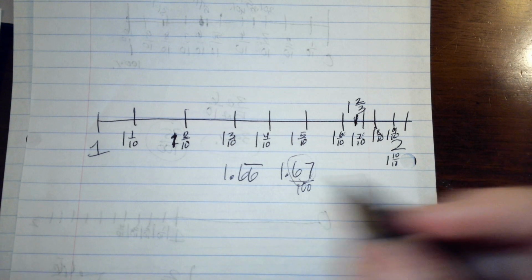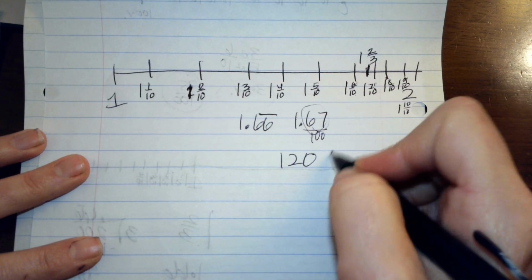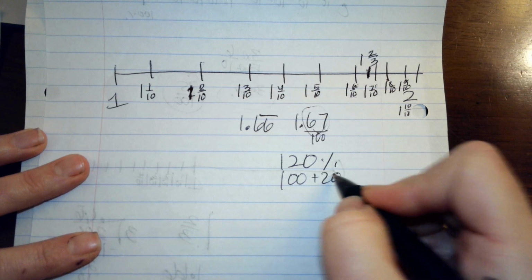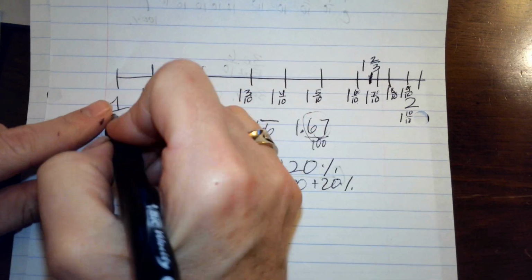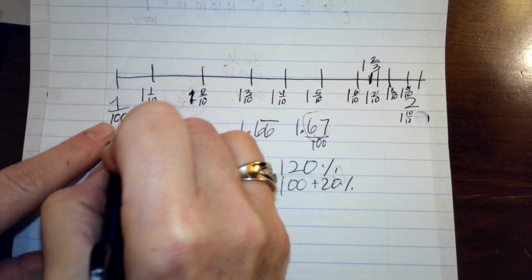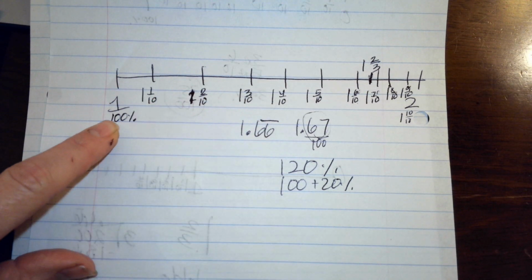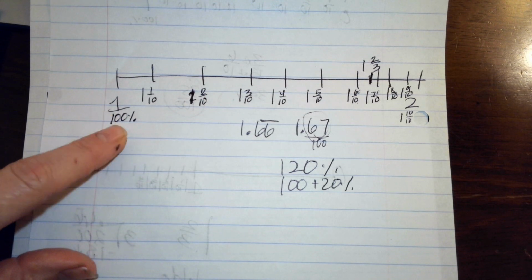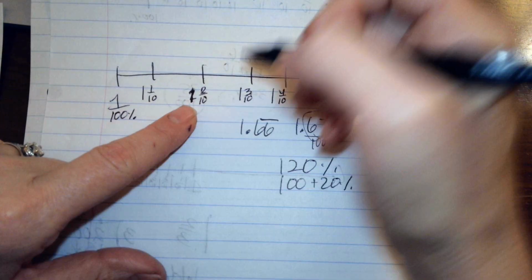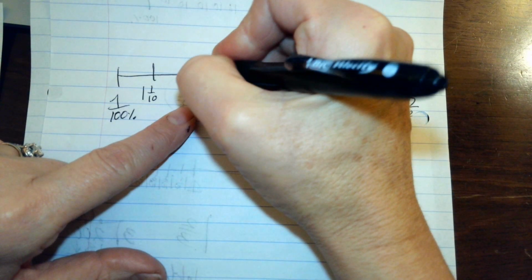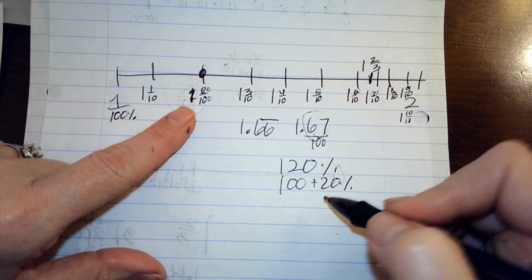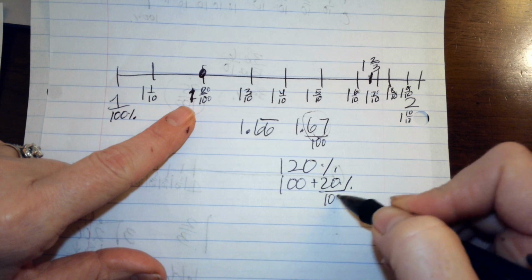Then the last one is 120%. So what this means is 100% plus 20%. So 100% is here, right? The number 1 is 100. Mm-hmm. So now I'm going to go to 2 tenths, 1 and 2 tenths, because I know that this is really 20 over 100, and that's what this is, 20 over 100.